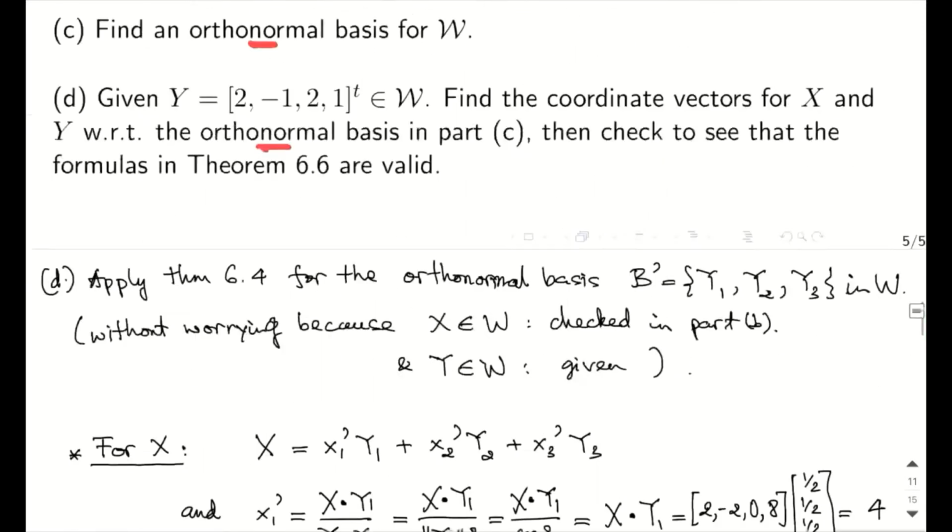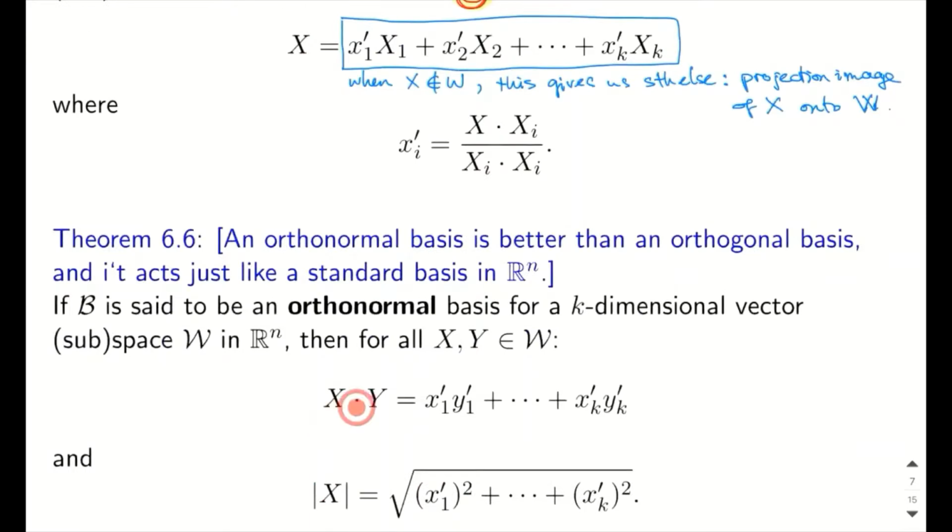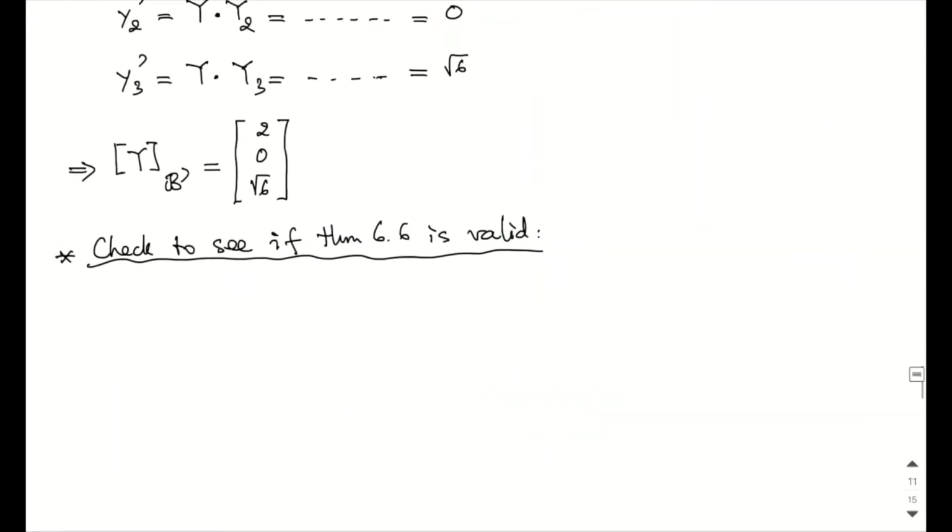Now double check if theorem 6.6 is valid. Theorem 6.6 says that if you consider the dot product of two vectors in a vector space, which is a subspace of Rn, in this case, that is R4, the regular dot product turns out to be the product of the coordinates and then sum up. All right, so that means we have to check x dot y. So x is the vector of 4 entries, 2, -2, 0, and 8.